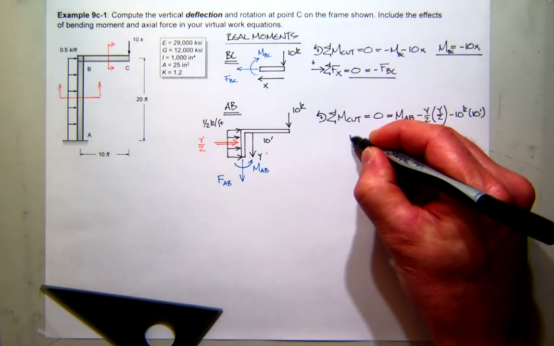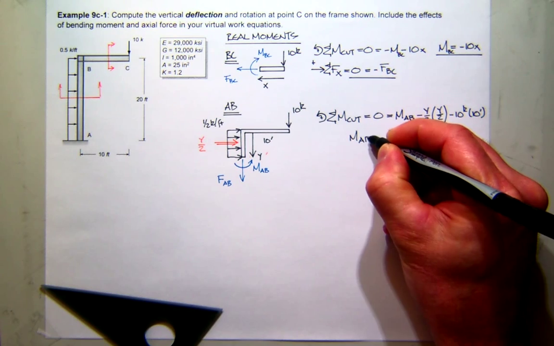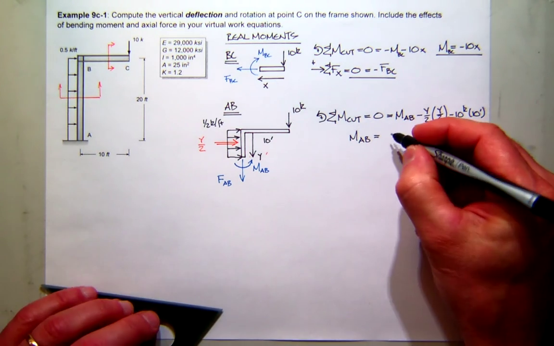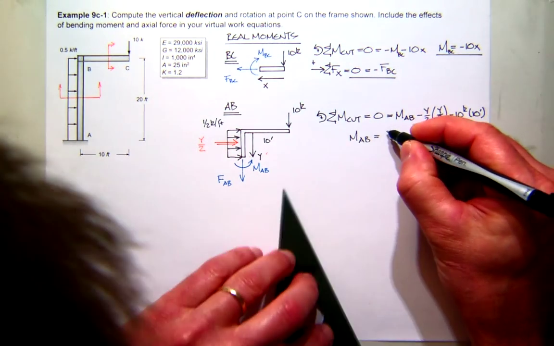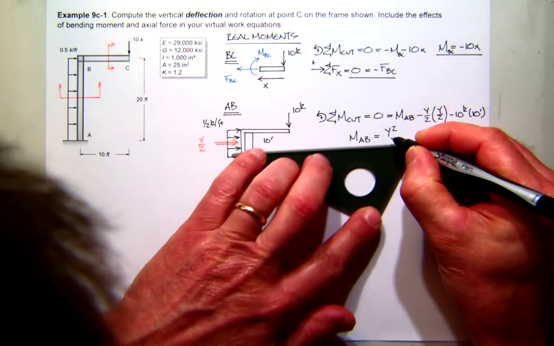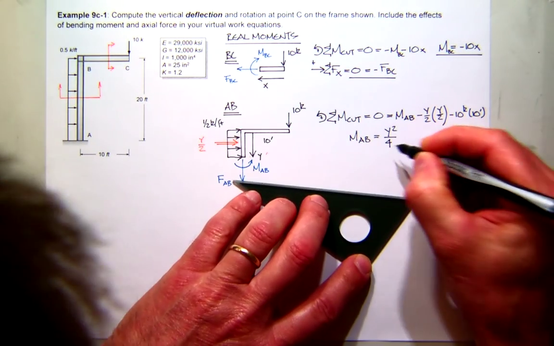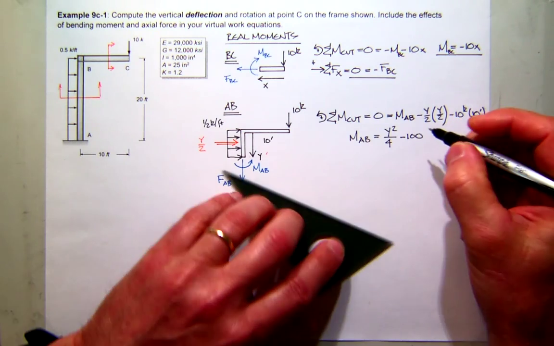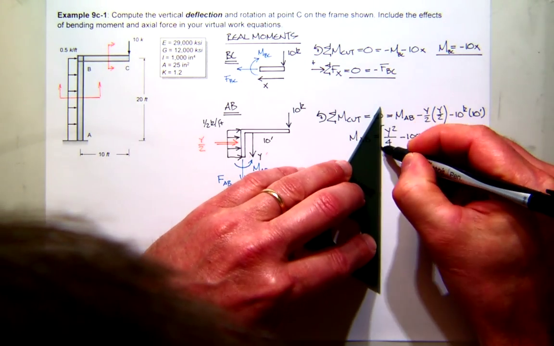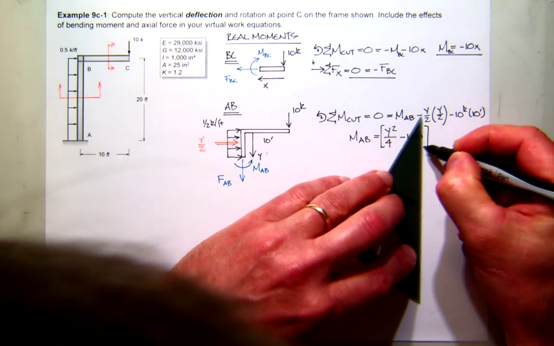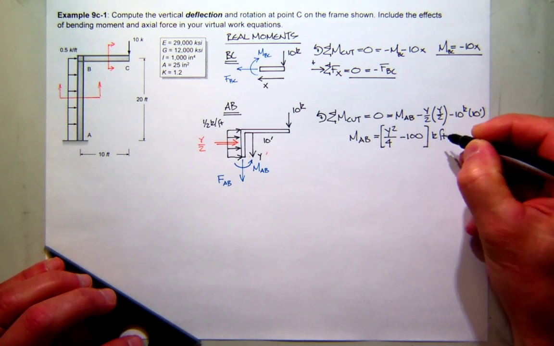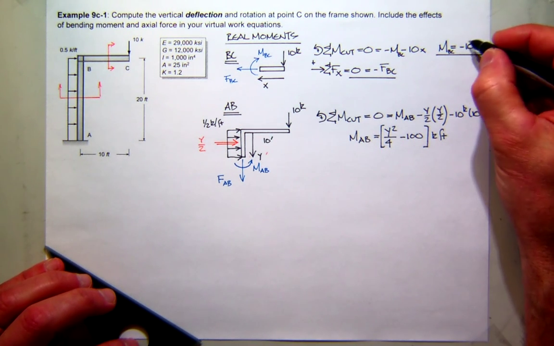So it looks like my moment in AB is going to be equal to y squared over 4 minus 100. And I got a little sloppy with my units here, so that should be moment, so that's going to be kip feet. Same thing over here, this will have units of kip feet.